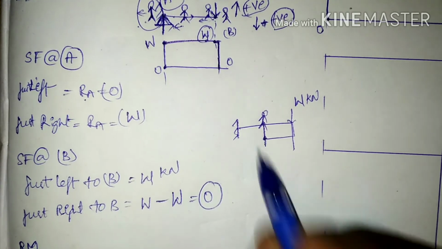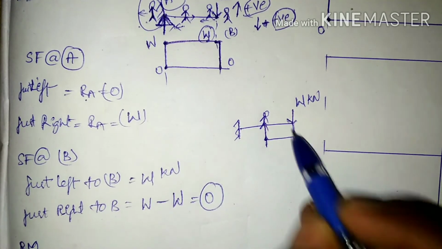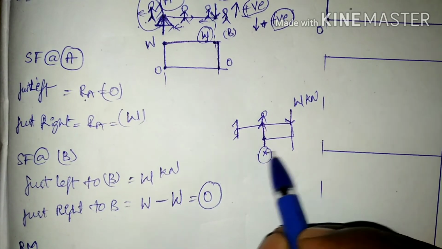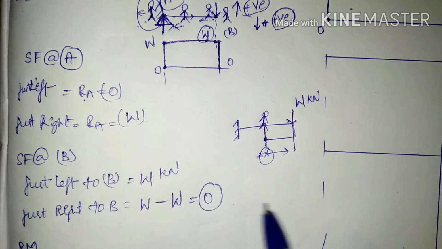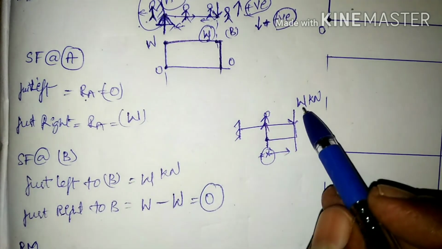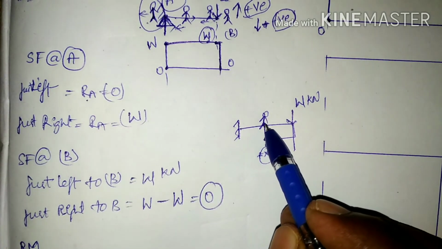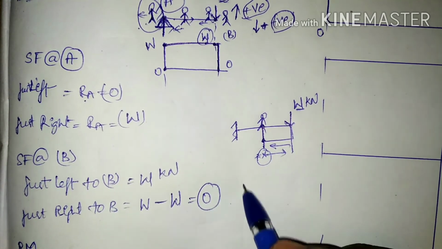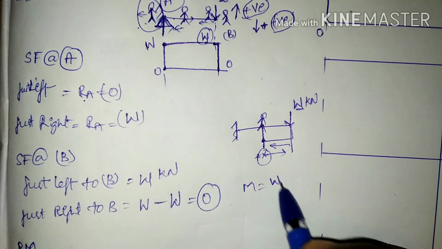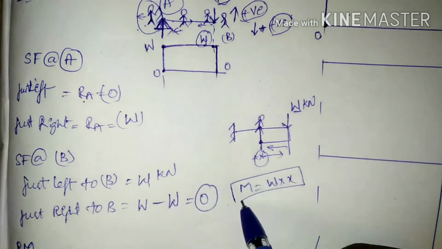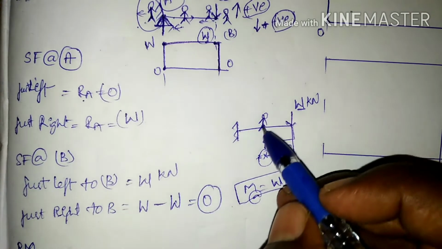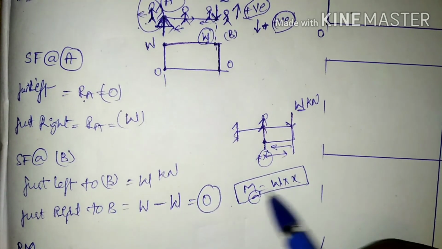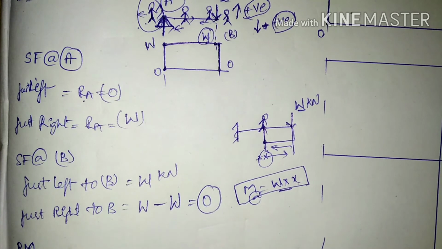Let us consider I am standing at distance x from the free end, so the moment is W into the distance x. The moment about the section where I am standing is equal to W into x.